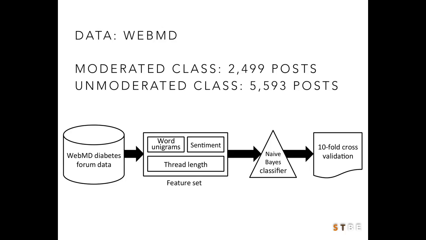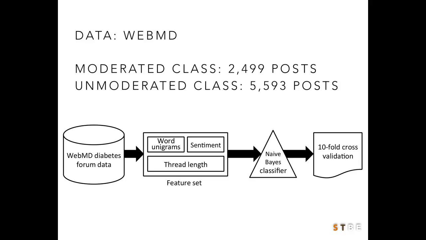This is the process of that classification task, where the moderated class means any posts that were responded to by either staff or health professional moderators, and the unmoderated class is the posts that were not responded to by moderators.